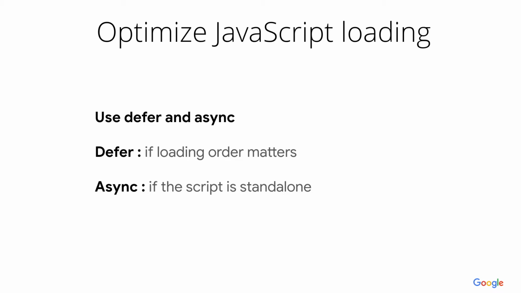So, for example, let's go back a couple of years ago, and let's say you are using jQuery. You load jQuery, and after that you are loading a jQuery plugin for a super cool carousel, let's say.